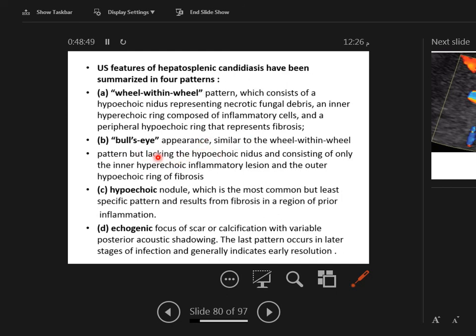Or bull's eye, similar to it, but there is no inner hyperechoic nidus, just a hypoechoic center. Or it will be seen as a hypoechoic nodule, which is most common, and echogenic focus of scar or calcification with variable posterior acoustic shadowing.